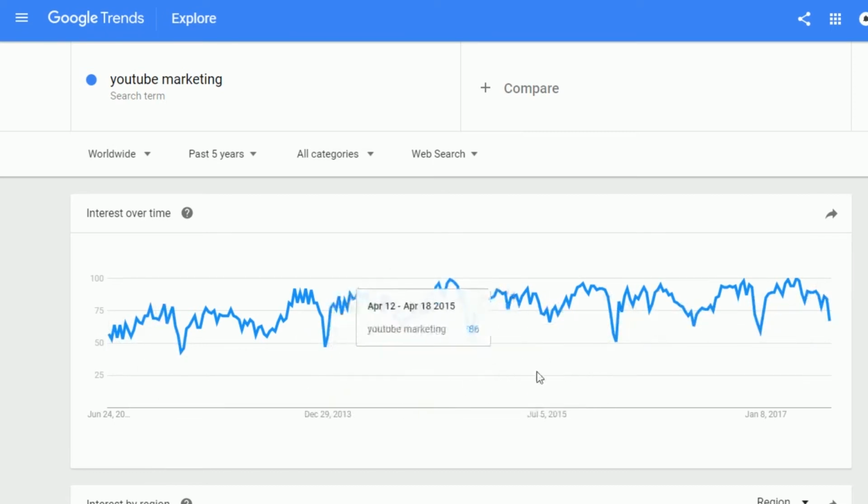One additional thing that you'll notice is that every year, right around Christmas time, interest just drops off dramatically, causing this downward peak here. And this basically tells me, if I had to guess, that everybody's on vacation for Christmas and nobody's doing much YouTube marketing at this time.